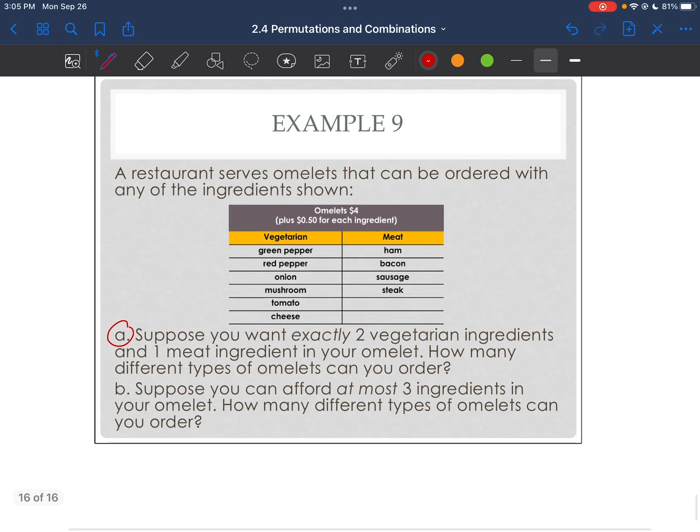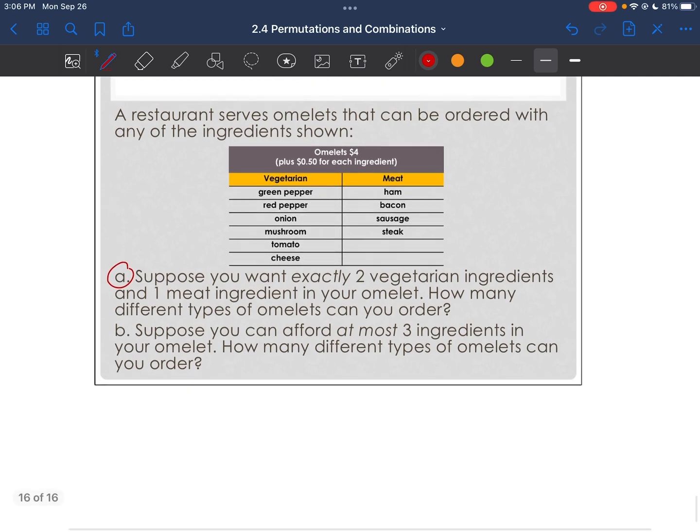Since we don't care which order the person preparing our omelet puts the ingredients into the omelet, this would be a combination and not a permutation because the order doesn't matter. We're not going to send it back if they put the onions in before they put the bacon.